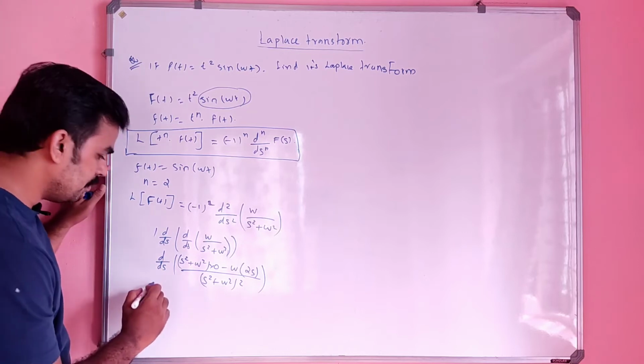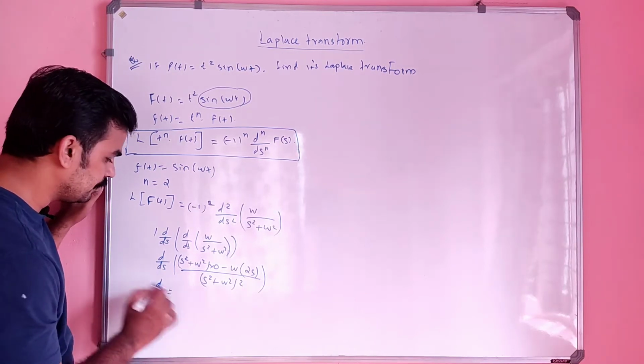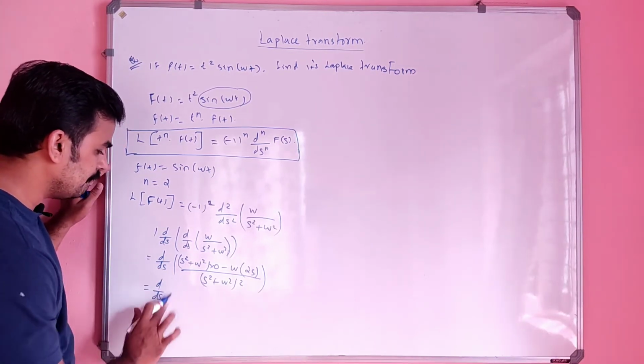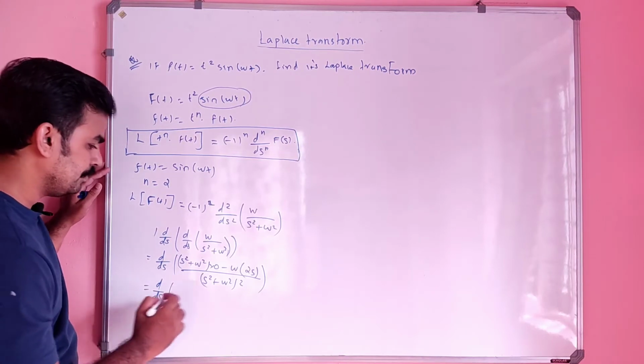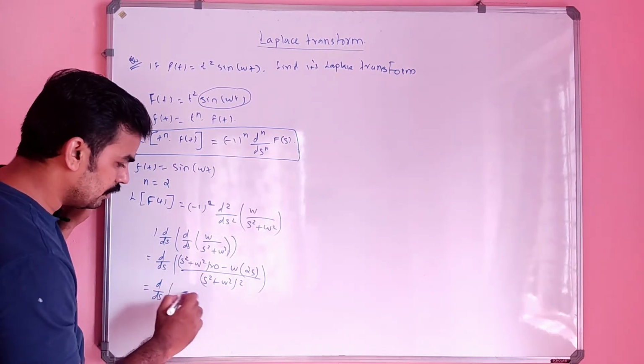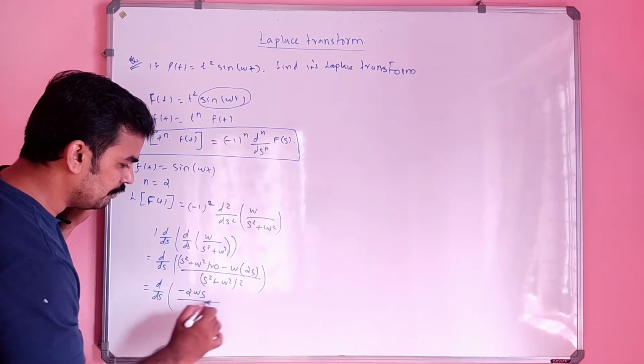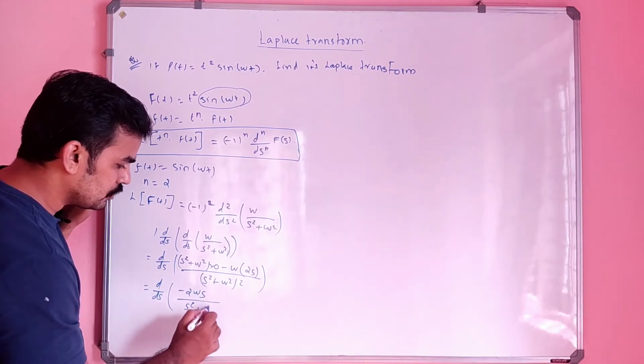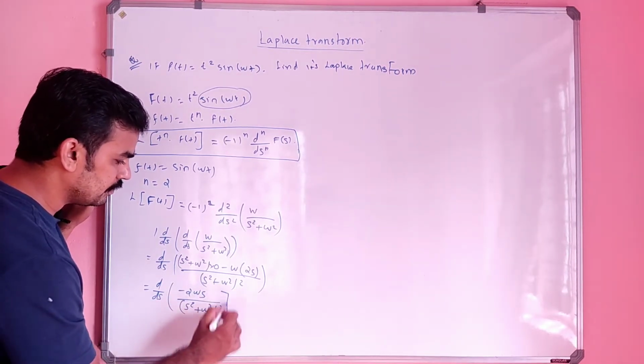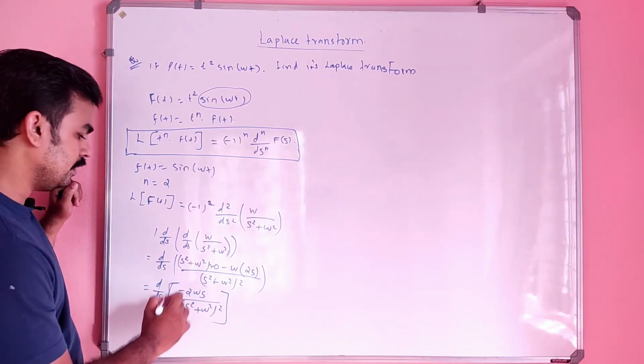So this goes to 0 and minus 2 omega s, whole divided by s square plus omega square the whole square.